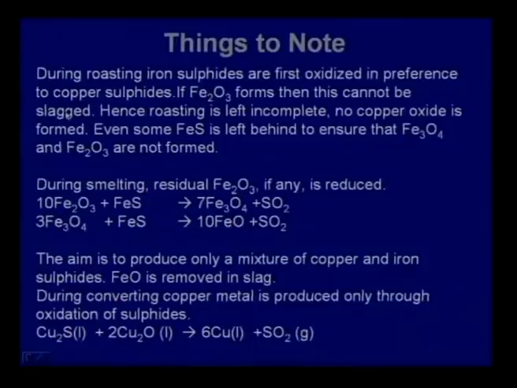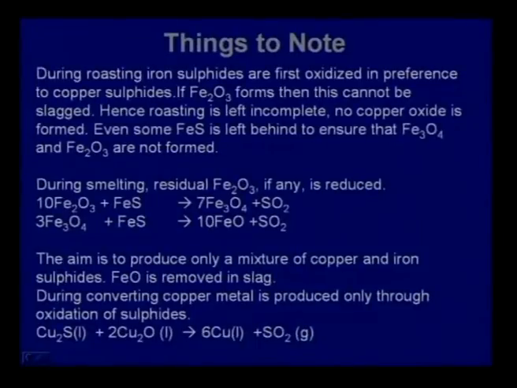It does not dissolve in the slag that you are creating by adding limestone, quartz, etc. and the gangue. In the slag phase, Fe2O3 does not dissolve very well, but FeO does. So, the iron sulphides will be oxidized only up to the FeO stage, not beyond.